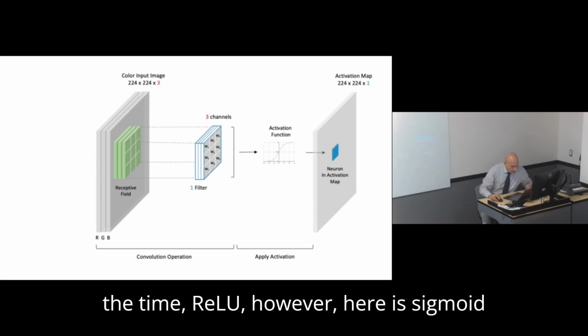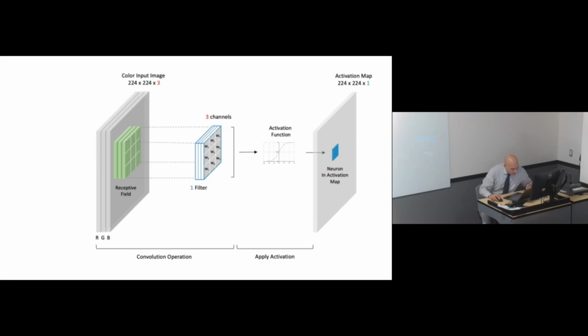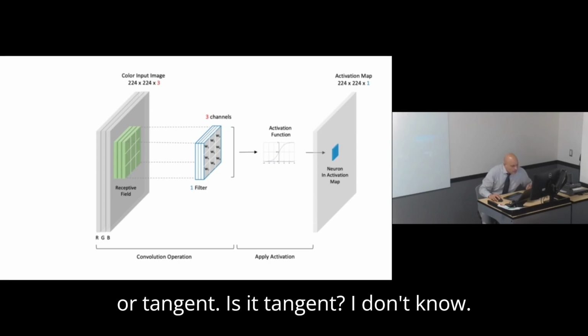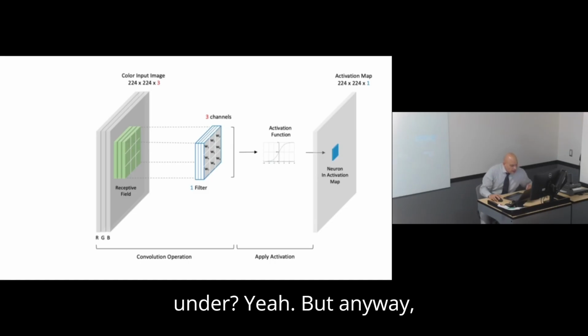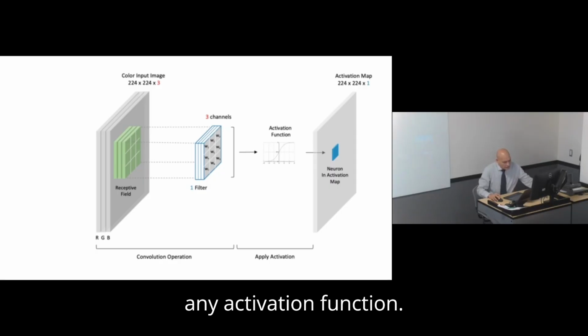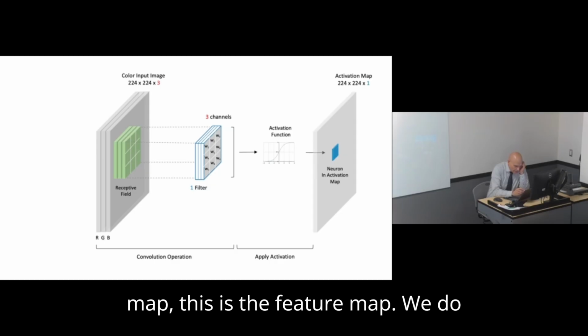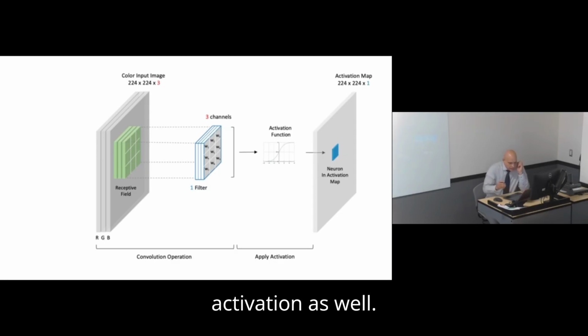And as you can see here, we do an activation function. Most of the time ReLU, however here it is sigmoid or tangent. Is it tangent? I don't know. It looks like tangent. But anyway, any activation function. So before making the output for the feature map, we do activation as well.